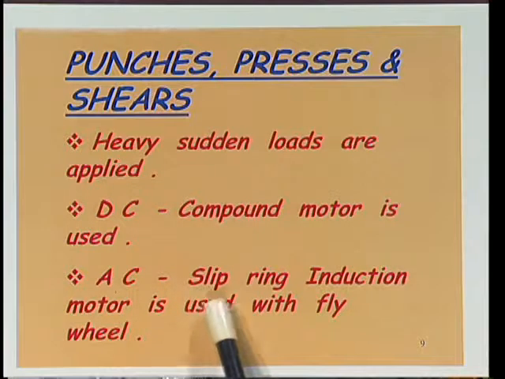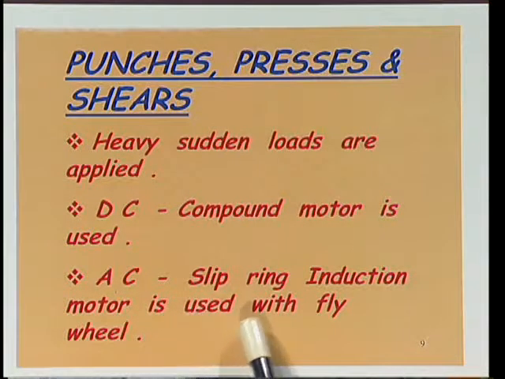So that is why in the case of punches, presses and shears, AC slip ring induction motor is used with flywheel. The main function of the flywheel is load equalization.